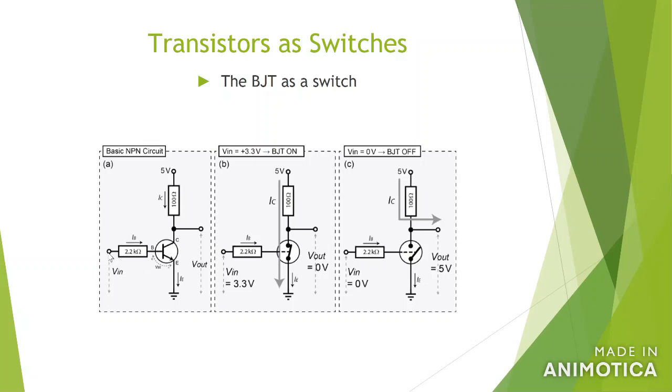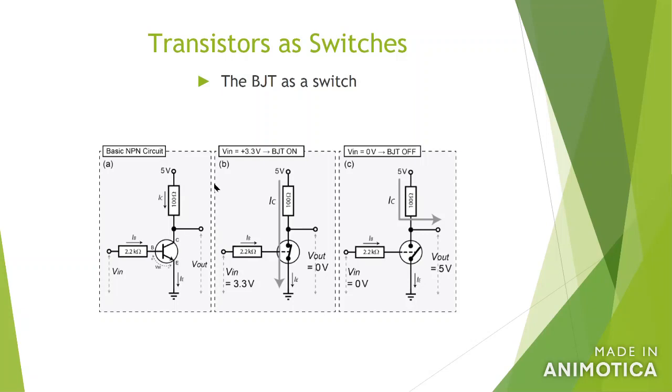When we have a very high voltage for B, that will saturate C and E, which means C and E will be equivalent to a closed circuit. Okay, so if we apply, for example, 3.3 volts, then the C and E will be considered as a short circuit.